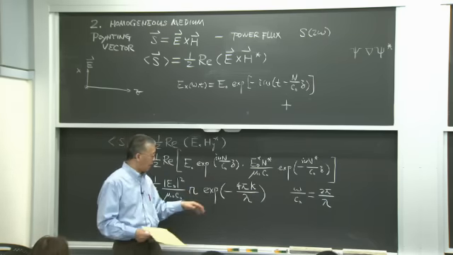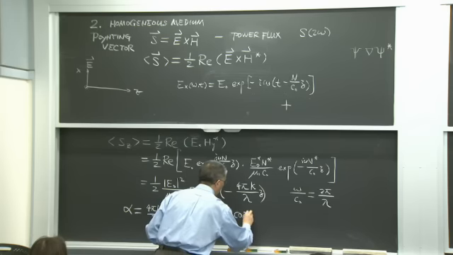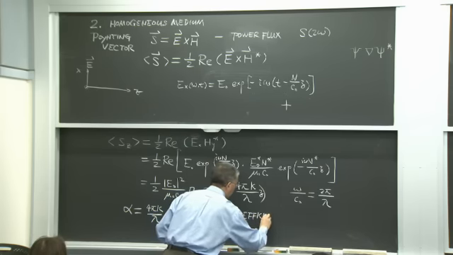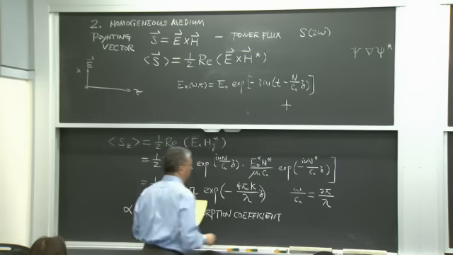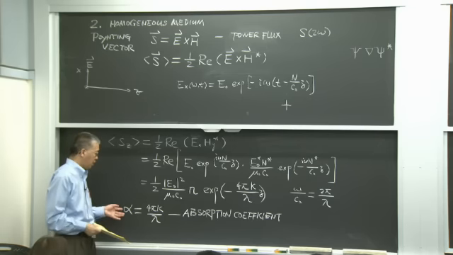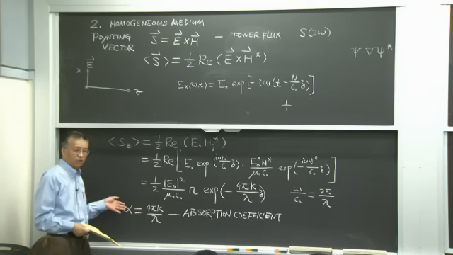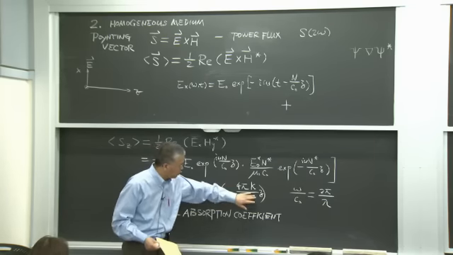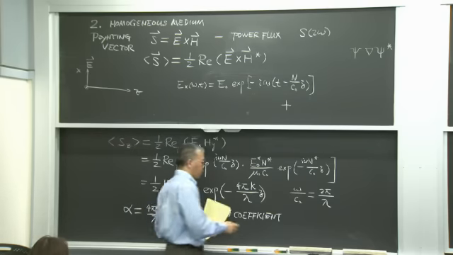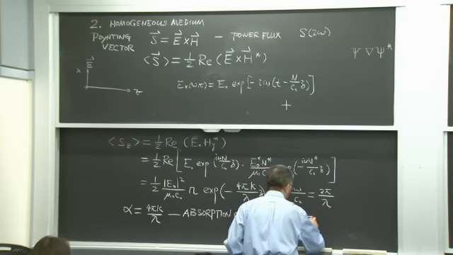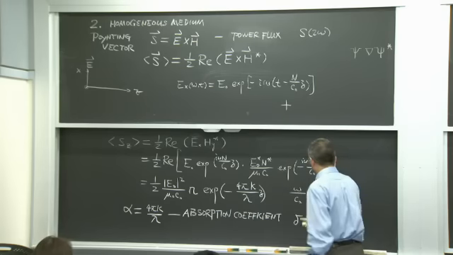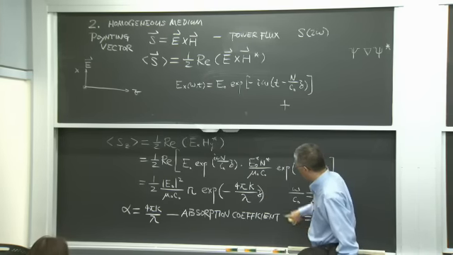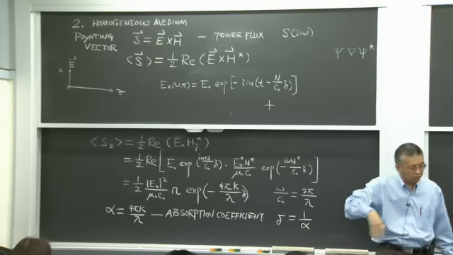This is the absorption coefficient. The inverse of this absorption coefficient is sometimes called the skin depth. So delta equals 1 over alpha. When z equals delta, we have the field decayed to exponential minus 1.